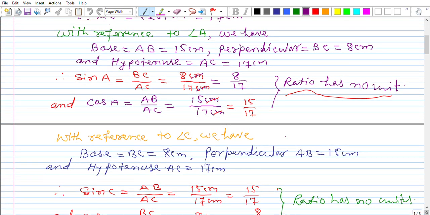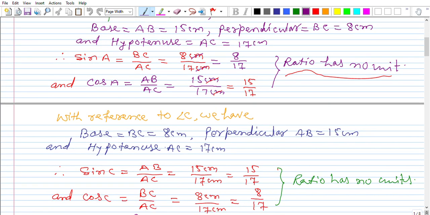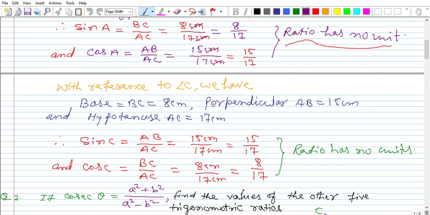With reference to angle C, which is acute angle, we have base equal to BC equal to 8 centimeter, perpendicular AB equal to 15 centimeter, hypotenuse AC equal to 17 centimeter. So it is easy to put the values as per our previous knowledge. Sin C means perpendicular by hypotenuse, AB is the perpendicular and hypotenuse AC.